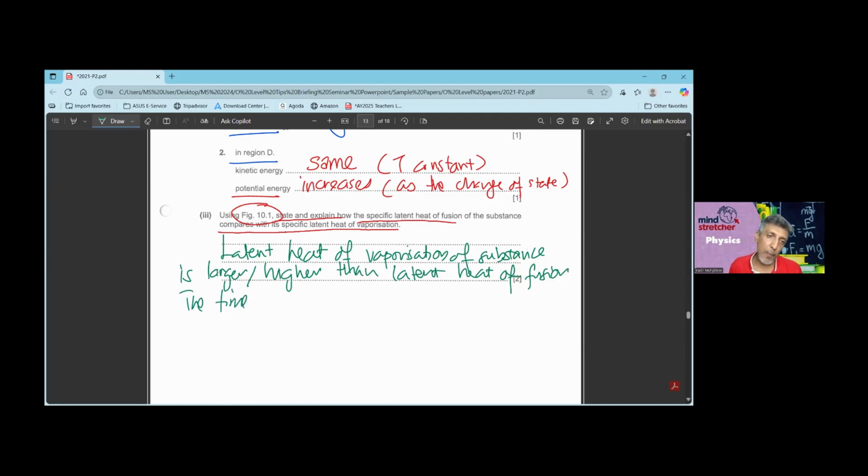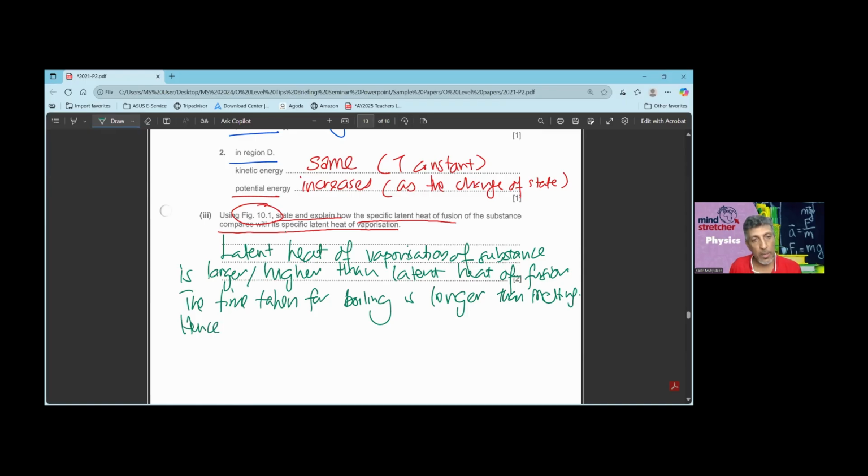The time taken for boiling is longer than melting.